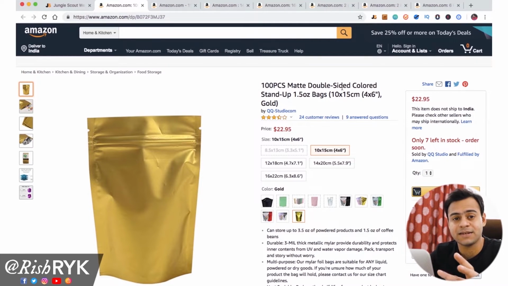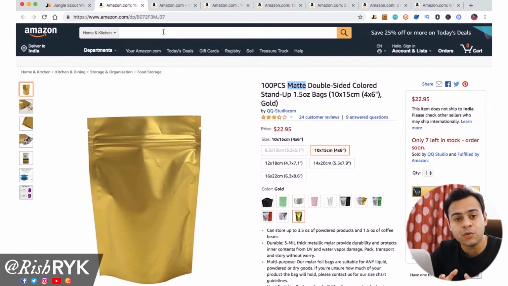That's a technical way to go about it, so that you can trim off all of the attributes it has. For example, this is a set of 100 pieces. Now that does not matter to search this product, so I'm going to just trim that off. Matte is probably a type of this product, so again, we can ignore that. Double-sided colored stand-up bag. So I think the broadest keyword is actually stand-up bag.